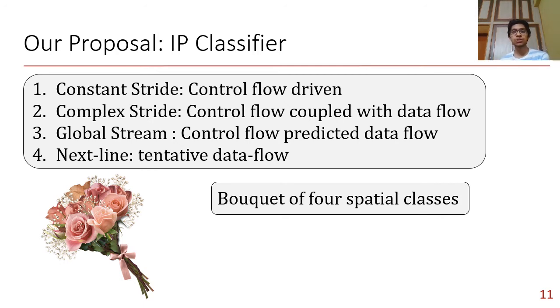Hence, this couples control flow with data flow. In the case of the global stream class, the IPs are used to predict if a region is going to exhibit stream-like behavior. In this case, the control flow is used to predict data flow behavior. The next line prefetcher depends on misses per kilocycles to decide whether or not to prefetch.